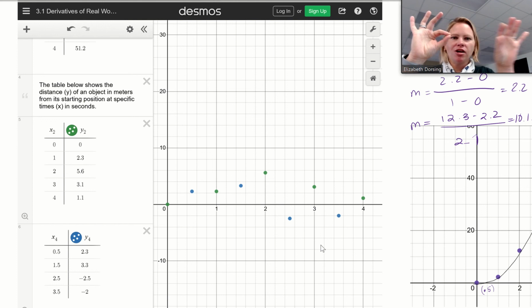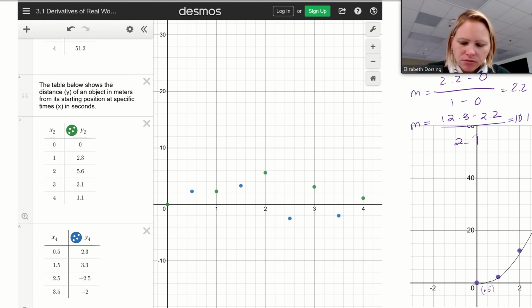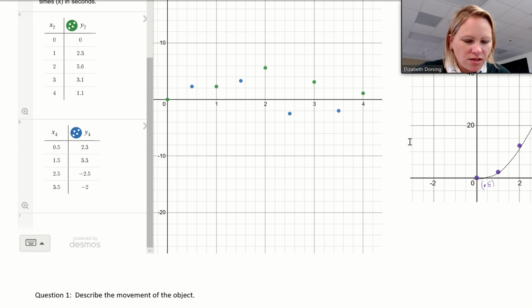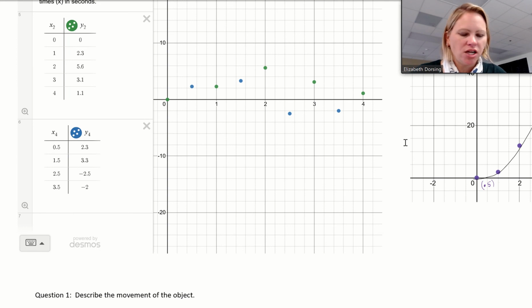So somewhere in there where we have that negative rate of change, that indicates that I'm going the opposite direction. So a little nugget of information to hang on to there as we talk about speed and velocity and rate of change. I know we've discussed velocity in the previous unit, and yeah, when you have negative velocity, it means you're going the opposite direction.